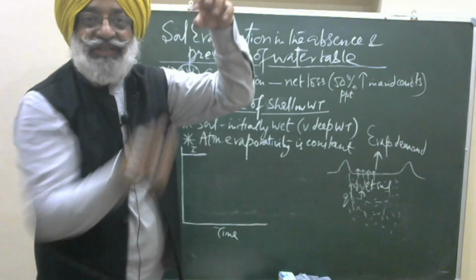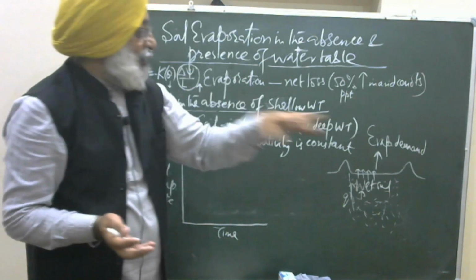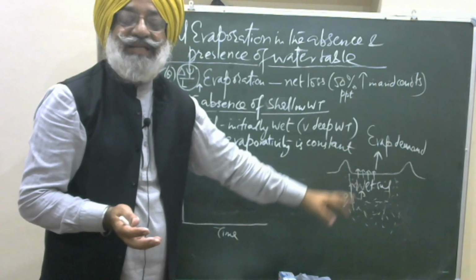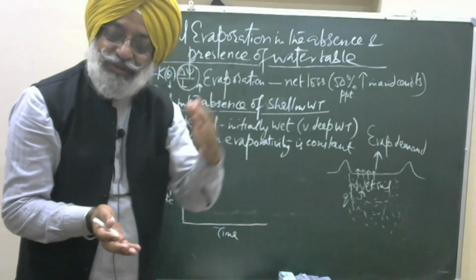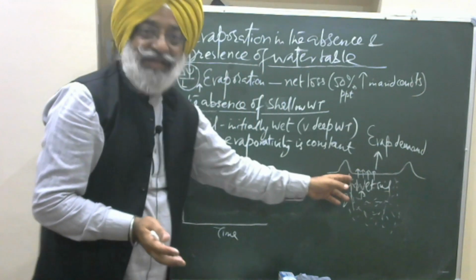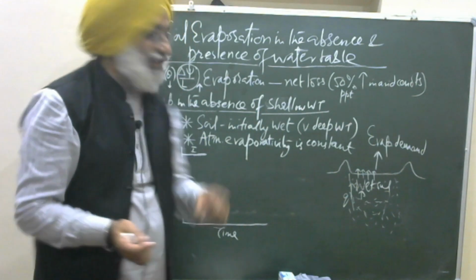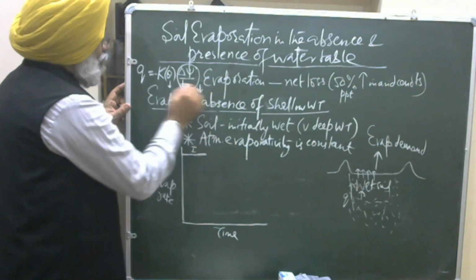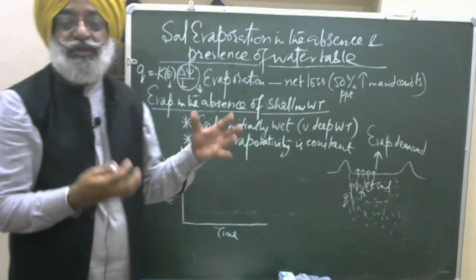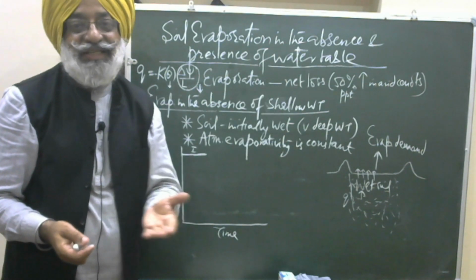Earlier there was a very sharp difference in the moisture content of the surface and subsurface layers. But with time, as the subsurface also gets dry, this hydraulic gradient decreases. And of course hydraulic conductivity should also decrease because moisture is decreasing.